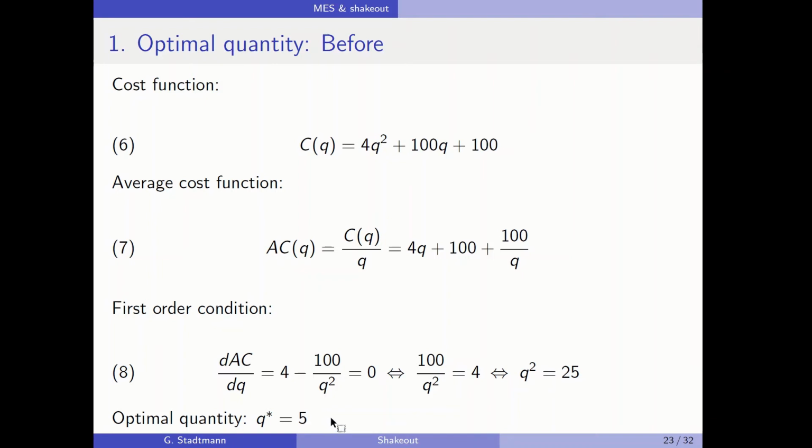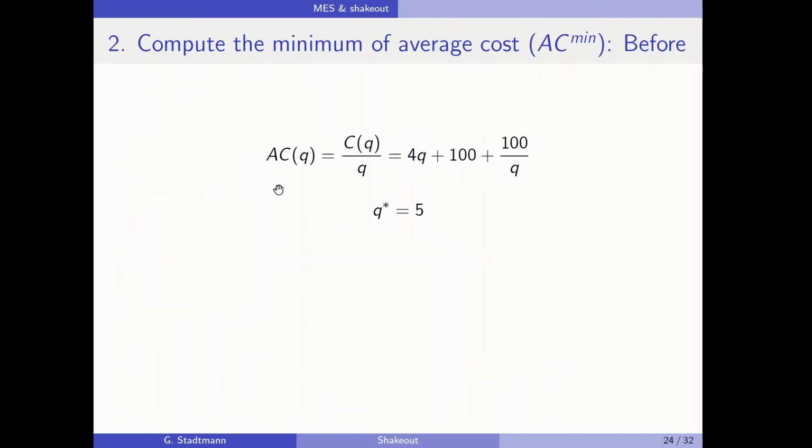This quantity of 5 implies that each company producing in this market will choose the optimal quantity of 5. This leads to a situation where the average cost is at a minimum. The average cost function was given by this relationship. The optimal quantity was given as Q star is equal to 5.